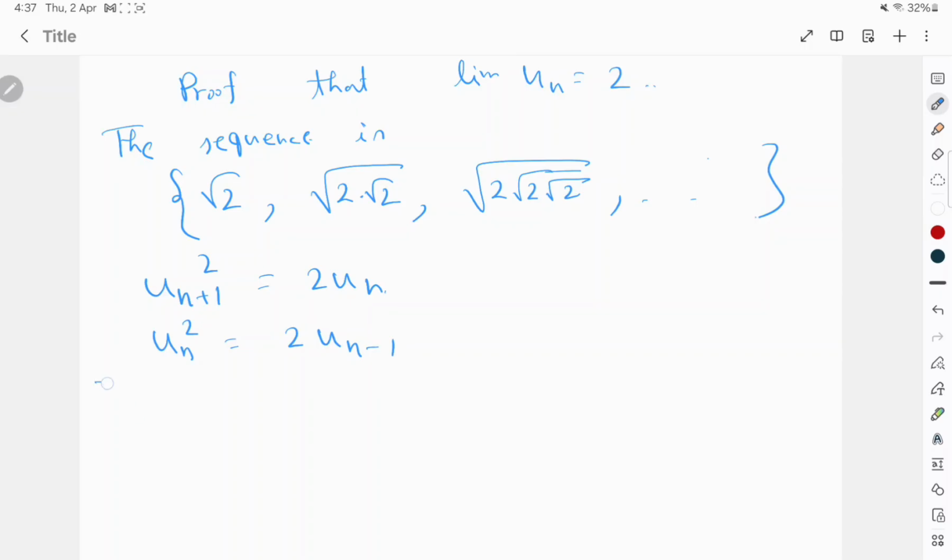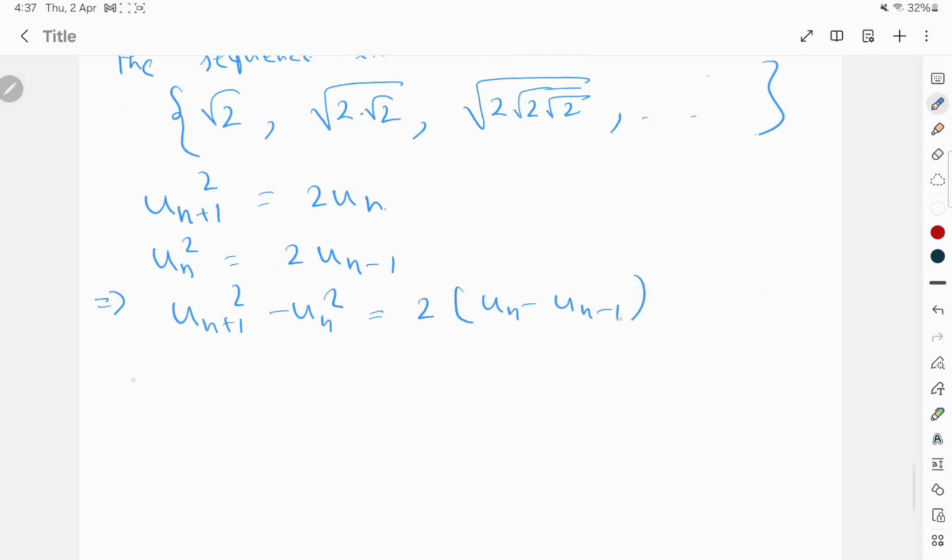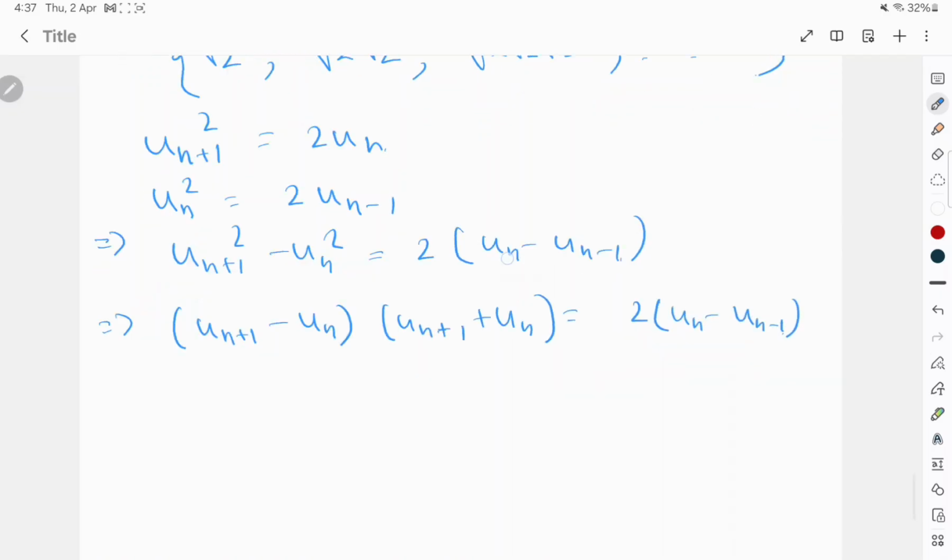So if you subtract u(n+1) squared minus un squared, you get 2 times (un minus u(n-1)), right? Using the a squared minus b squared formula, you have (u(n+1) minus un) into (u(n+1) plus un) equals 2 into (un minus u(n-1)), right?